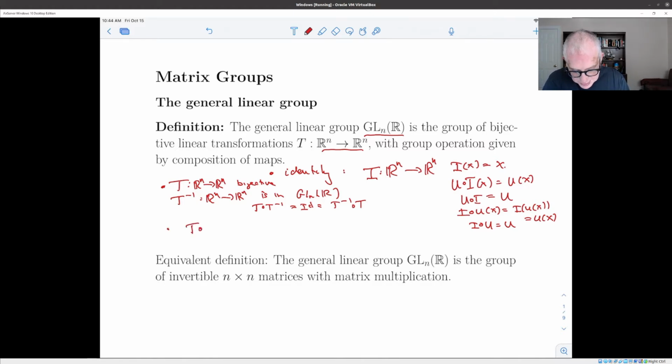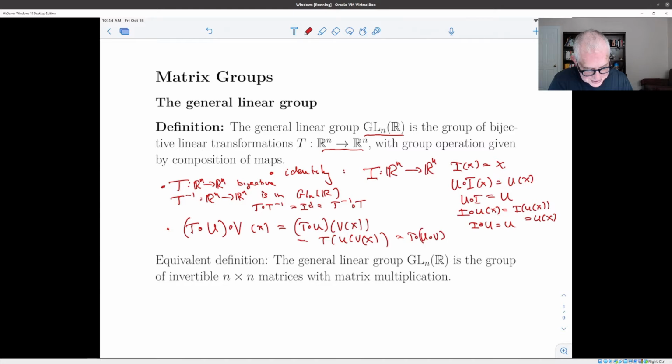I mean, T composed with U composed with V applied to X means T composed with U applied to V of X, which means T applied to U of V of X. But that's the same thing as T composed with U composed with V of X. So this definition makes it very formal to show that this is a group, but buried in here is the fact that the inverse of a linear transformation is linear, and to show that we actually had to do something with matrices.